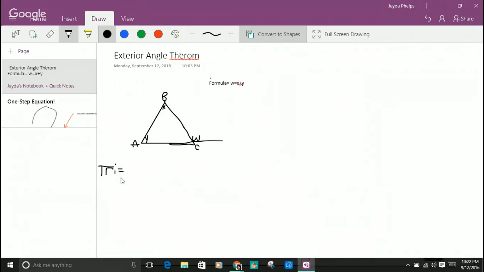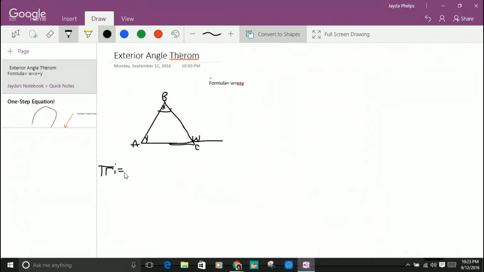But if they ask you to find the measure of X, or find the measure of Y, or find the measure of M, that's finding the measure of that variable or that name. But if it says find the measure of angle ABC, the whole triangle, not just one small angle, not trying to find this X or this Y, you're trying to find the whole triangle, including its exterior.